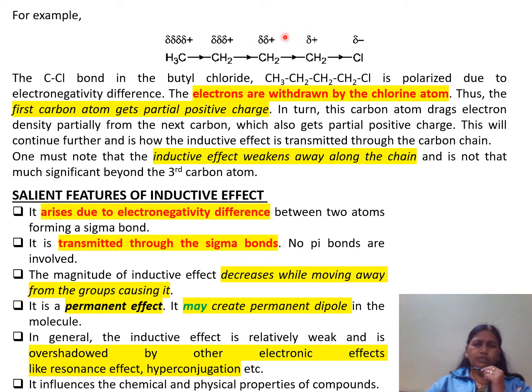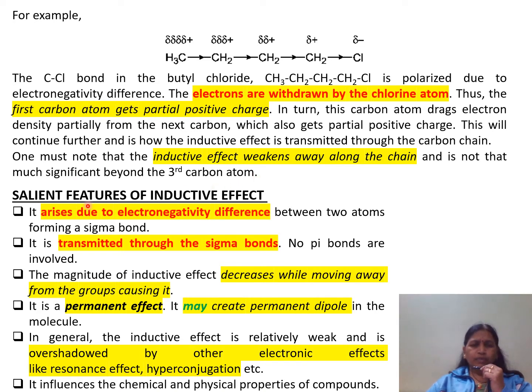This is partial positive, this is less positive, this is less positive, this is less positive. So as we move away from the electronegative atom, the inductive effect weakens and is not that significant beyond the third carbon atom.